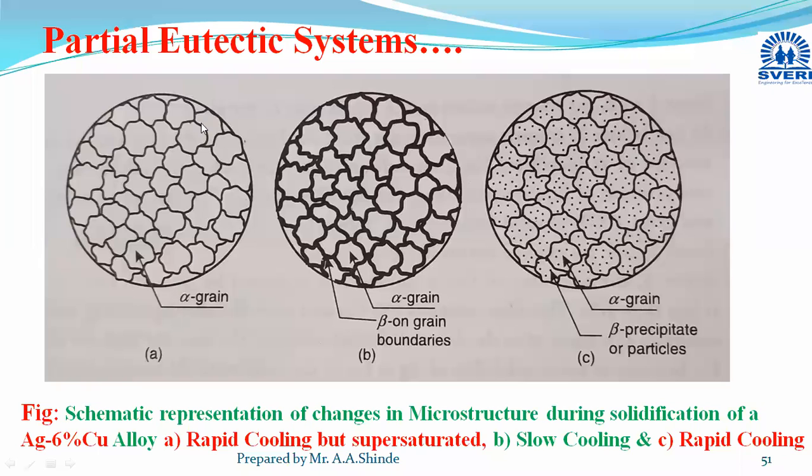This is the microstructure in region 3 to 4, and in 4 to 5, when cooling rate is slow, you will get the beta grains on the grain boundary itself. And when cooling rate is very fast or rapid, beta will precipitate out in the form of powdered particles, or in the form of a precipitation. These dotted particles are nothing but beta grains when cooling rate is very fast. So in this way, depending on cooling rate in region 4 to 5, you will get these two types of microstructures.